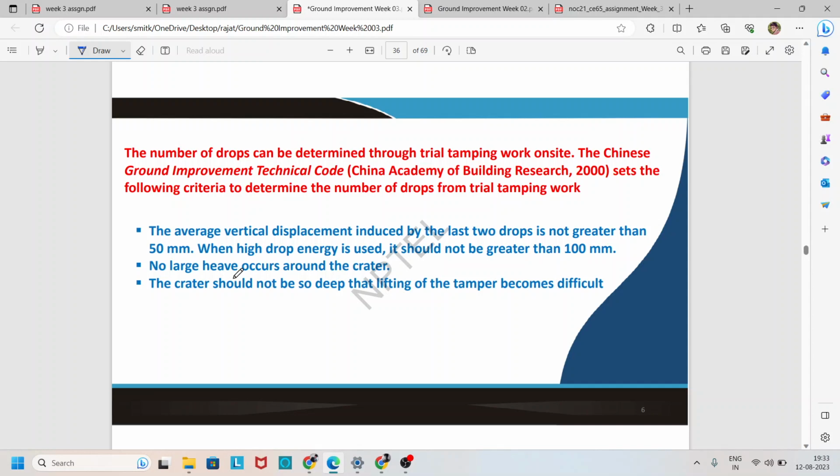If ground heave is occurring, that means the soil is not suitable for deep dynamic compaction, so this technique is not applied. Also the crater should not be too deep after applying the temper, because if it is so deep, lifting of the temper is difficult and ease of compaction is difficult.